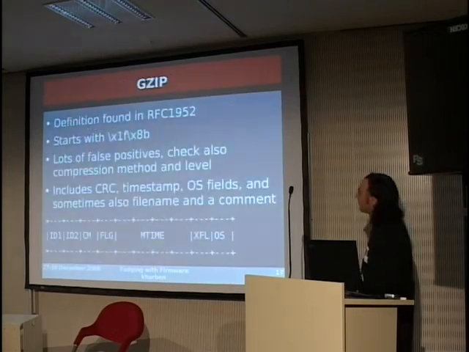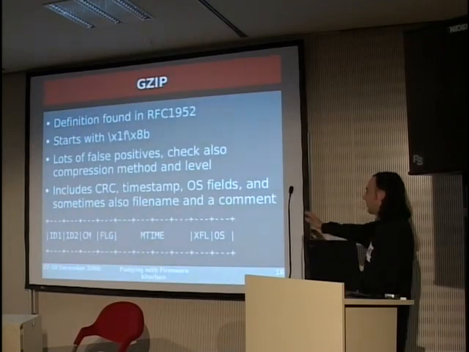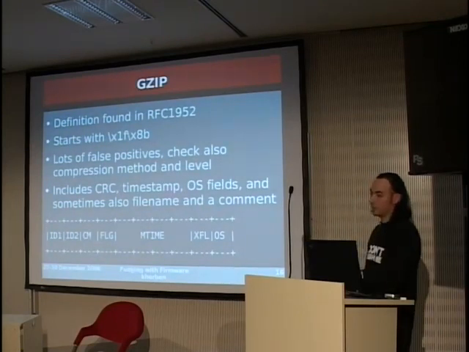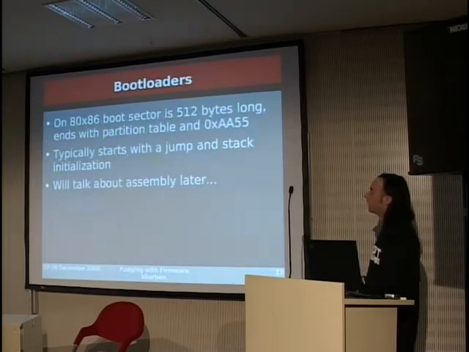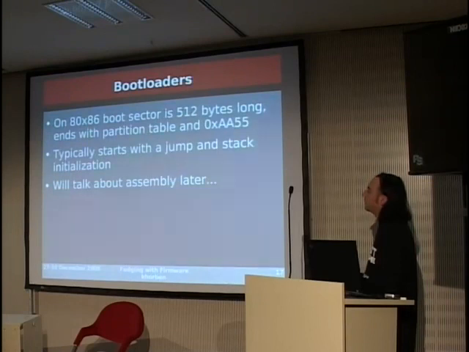Maybe I can add a few comments on this. After this header, you may have a file name and a comment, which may as well include interesting information for us. And I will illustrate this later with a small demo.